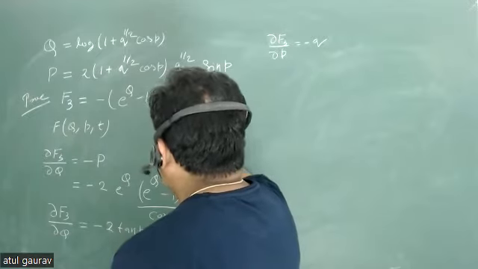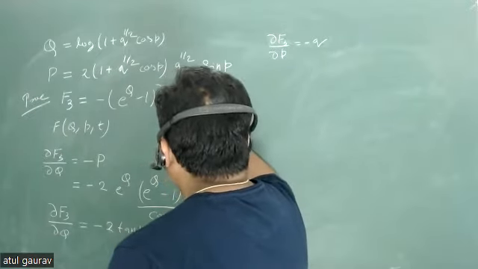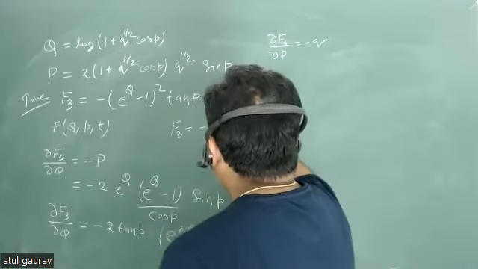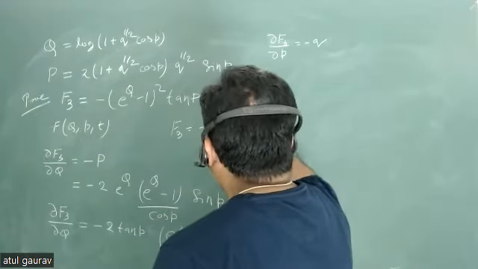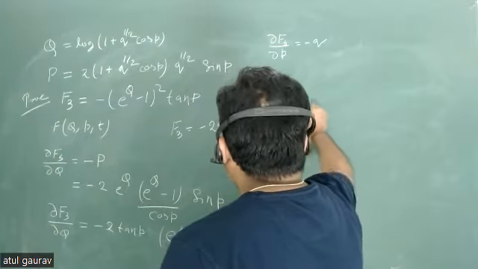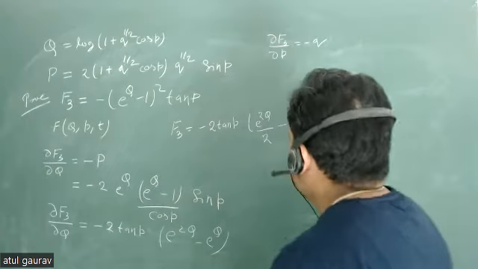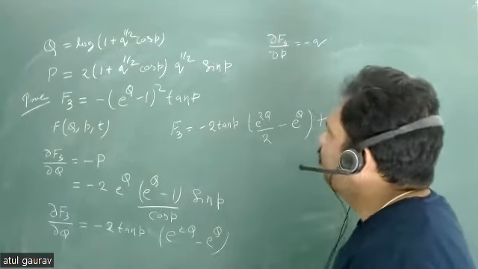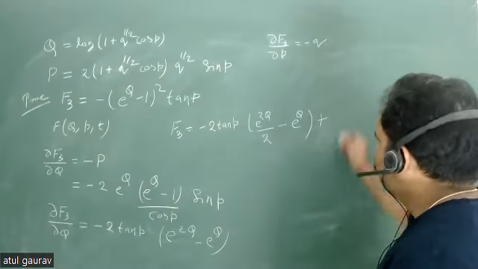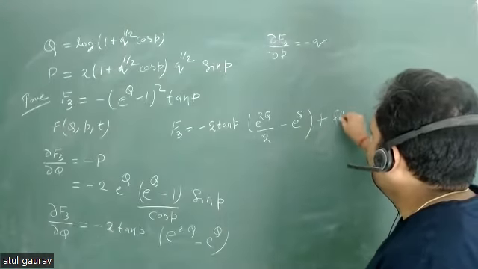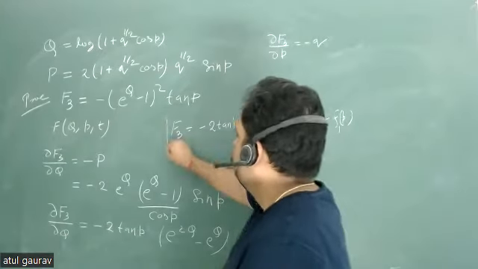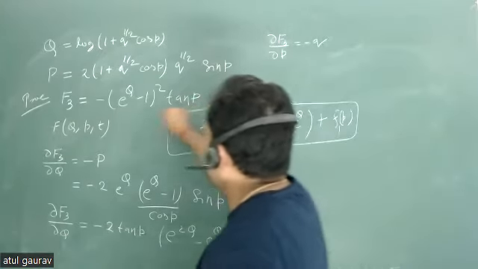F3 is equal to minus 2 tan p, and this is nothing but e to the power 2q by 2 minus e to the power q plus constant of integration. What will be the constant of integration? Some function of small p, f of small p, and you can put it as f1 or you can also write f. So this is my F3.